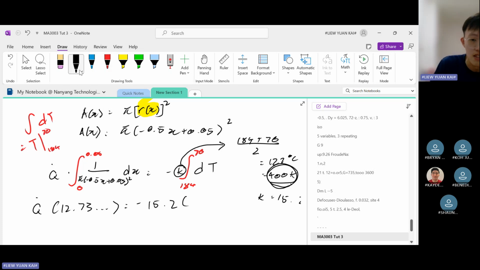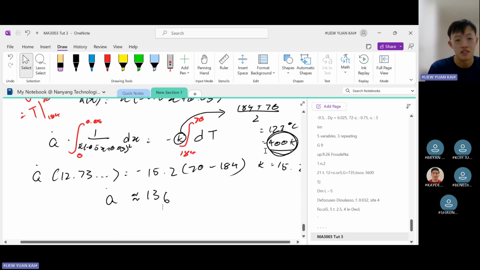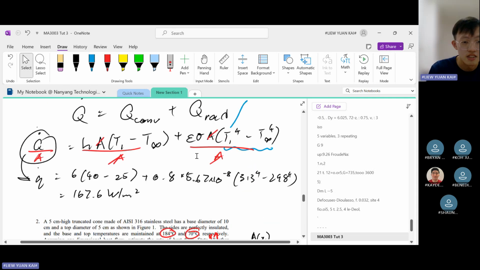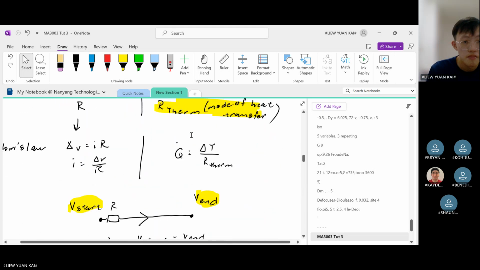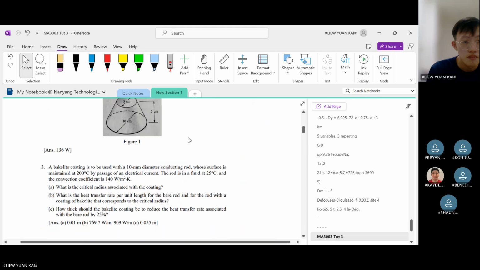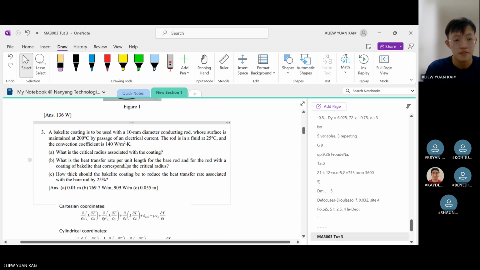So this will be just 70 minus 184. Okay, and then you make Q the subject, eventually you will get 136. Let me check if this is the answer. Yep, that's the answer. 136 watts.